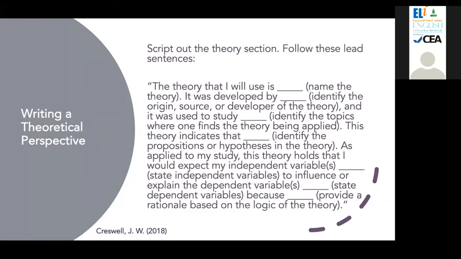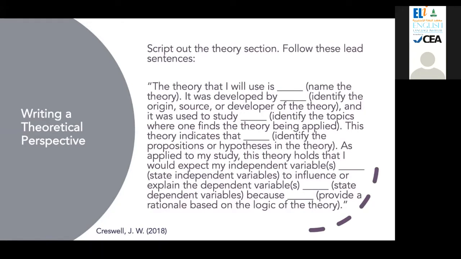You identify the topic that it was used to study, and identify the propositions or the hypotheses in the theory. Also, it will show the relationship. So for example, this theory holds that I would expect my independent variable, which is, for example, sunlight, to influence or explain the dependent variable, which is the amount of growth or the rate of growth.